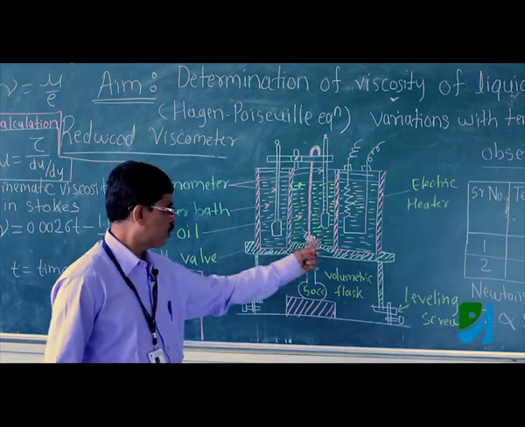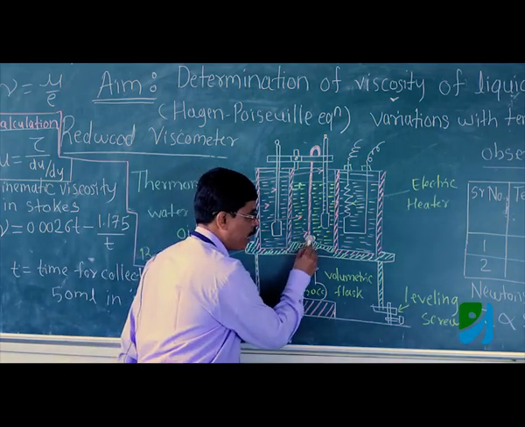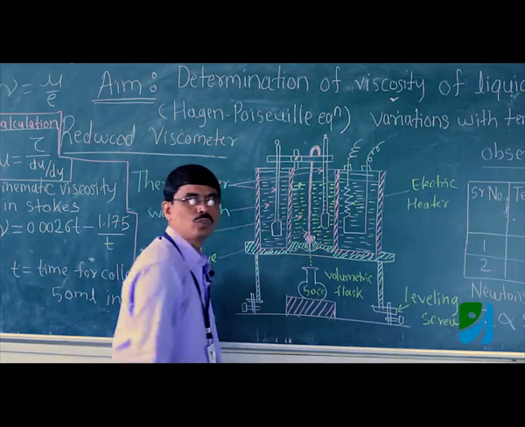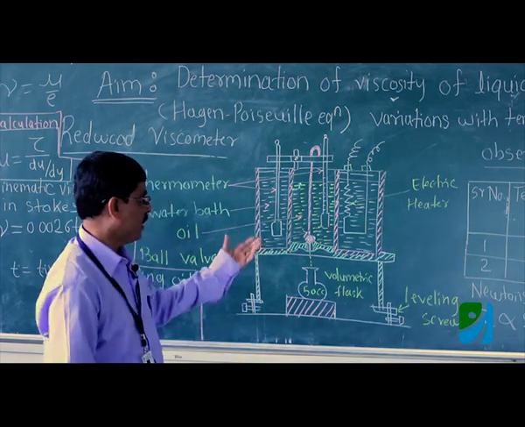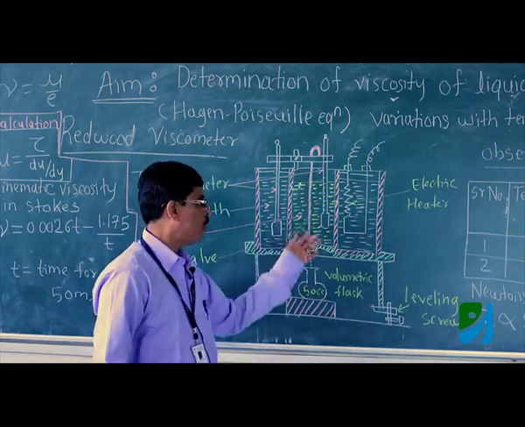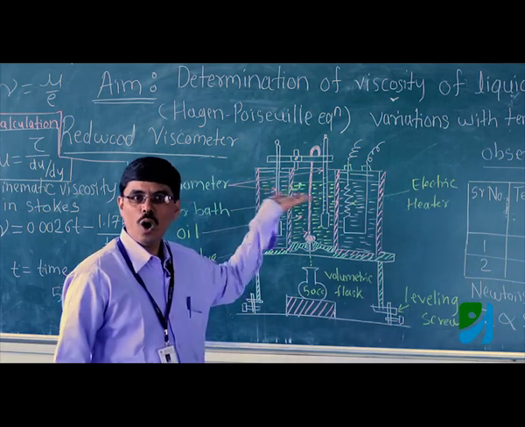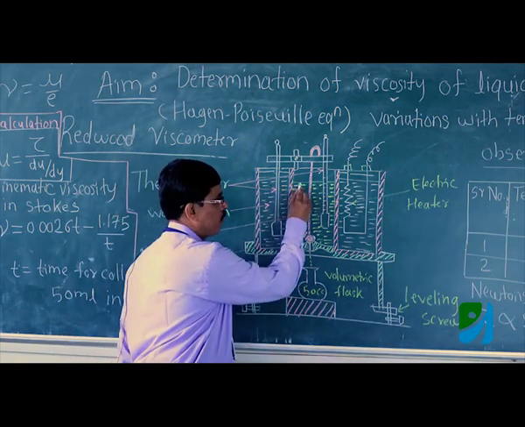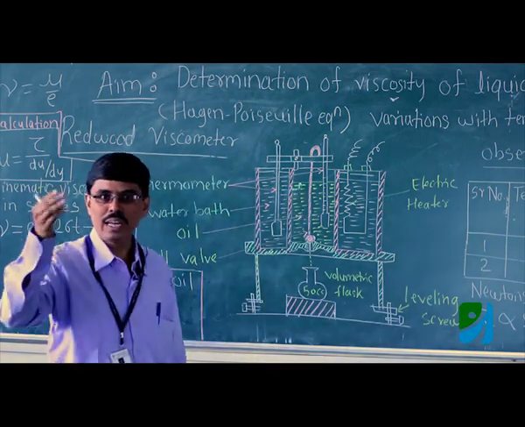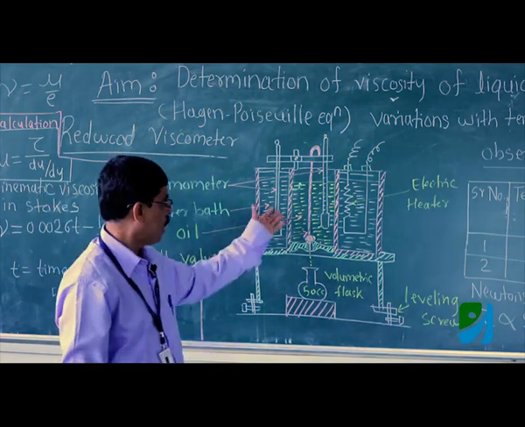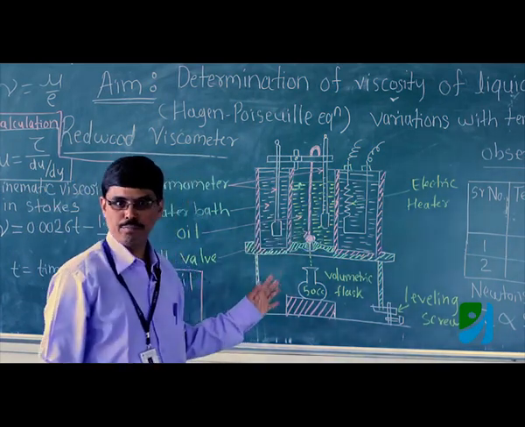The ball valve is kept exactly on the orifice to close it. Before starting the experiment, you have to close this ball valve and fill the oil up to the index mark. We will see later in the actual experimental setup what these different configurations are.